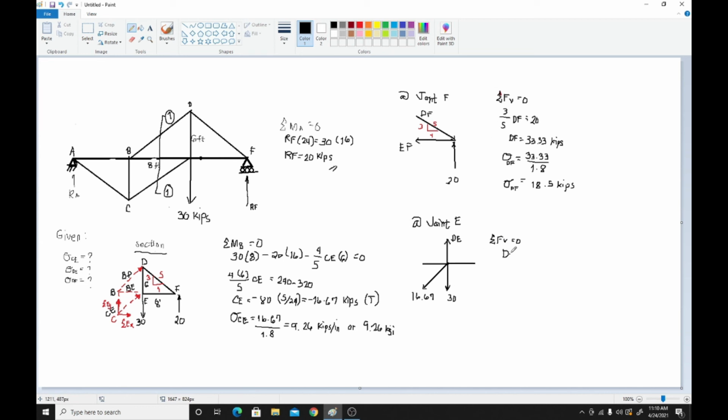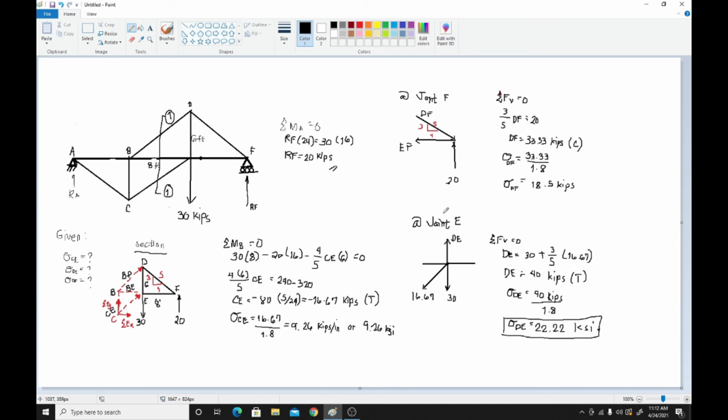So DE is equal to 30, which is going down, plus the vertical component of CE, 3 over 5 multiplied by 16.67. Therefore, DE is equal to 40 kips, which is in tension. And the stress at member DE is equal to 40 kips over 1.8. Therefore, the stress DE is equal to 22.22 KSI.